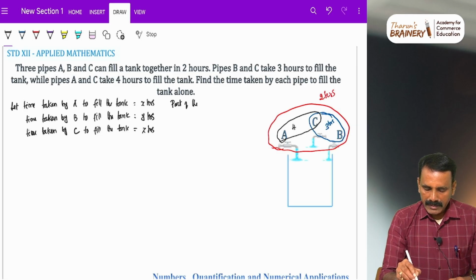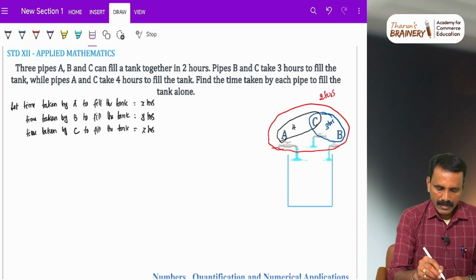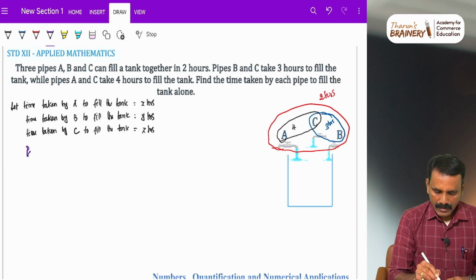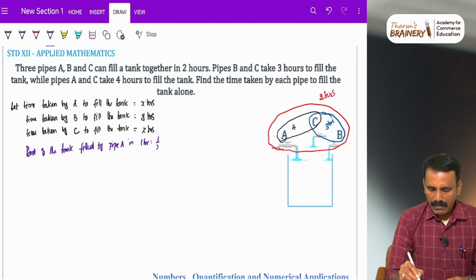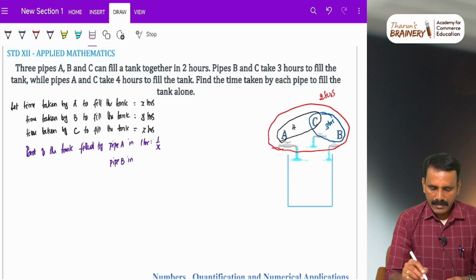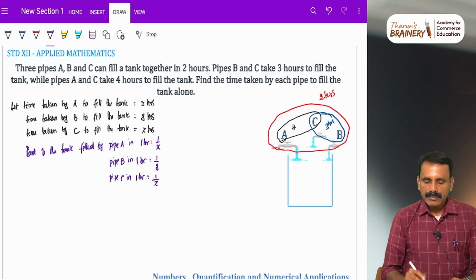So part of the tank filled by pipe A in 1 hour will be 1 by x, and same way by pipe B in 1 hour will be 1 by y. Pipe C in 1 hour will be 1 by z part.